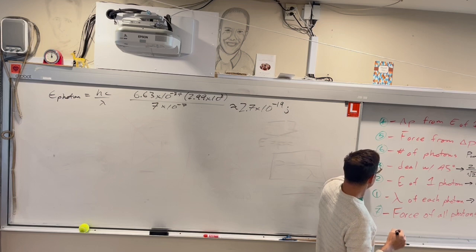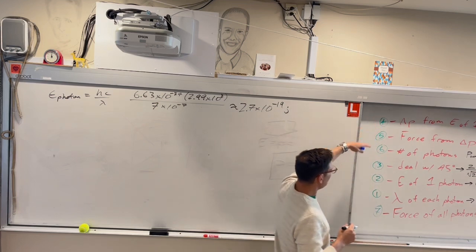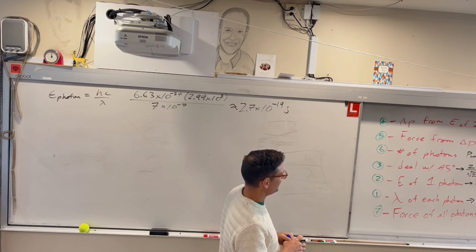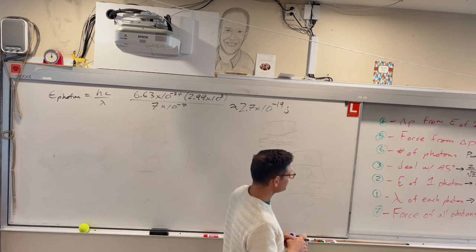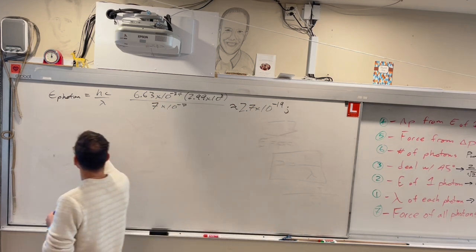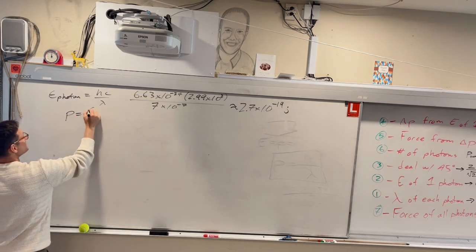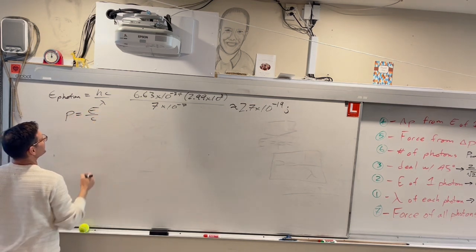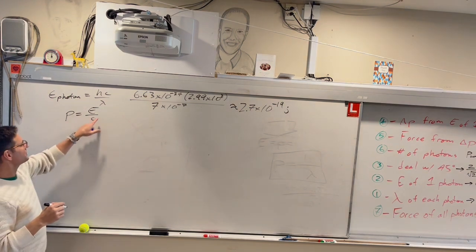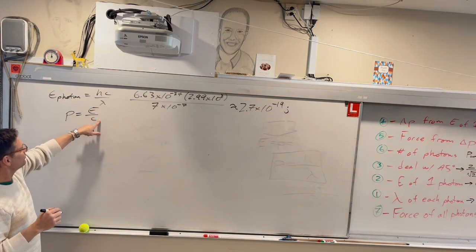So we get that. And then the next part, we have to get the change in momentum from the energy of one photon. And so our momentum of one photon is E over c. And so you do kind of recognize, we could have just gotten rid of this c, right?